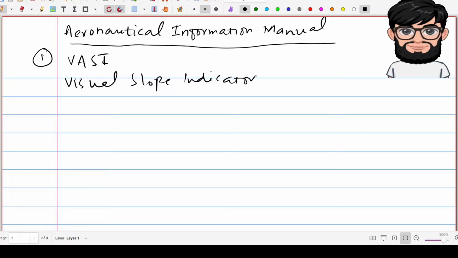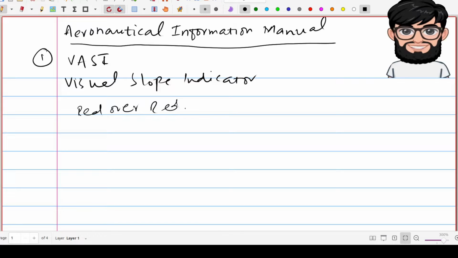So the light is a 2-bar VASI. If we have a red over red, they come in different ways, but red over red is going to mean, as you can guess, that it's below the glide path.